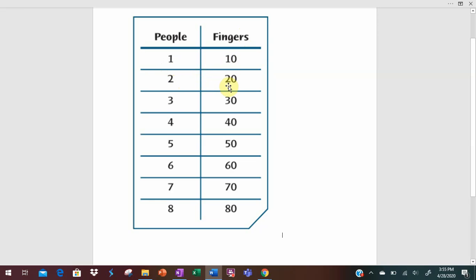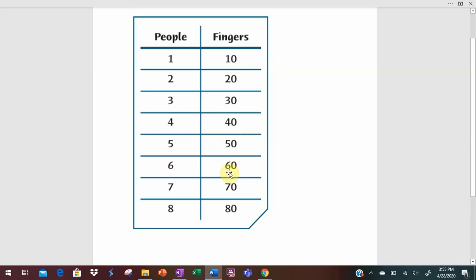That means it's 2 groups of 10. 3 people, 30 fingers. That's 3 groups of 10. 4 people, 40 fingers. That's 4 groups of 10. 5 people, 50 fingers, that's 5 groups of 10.